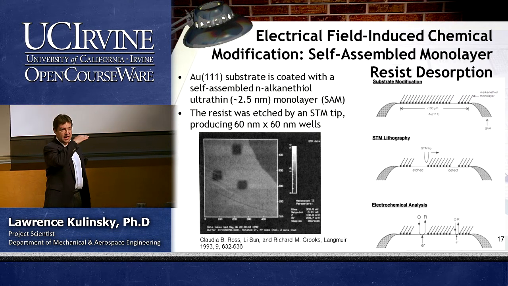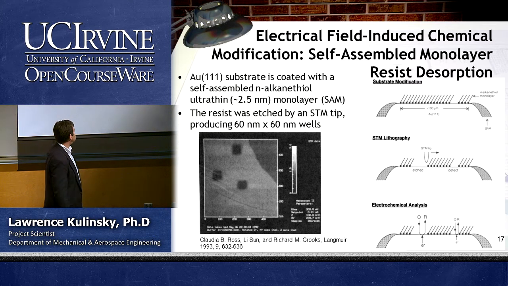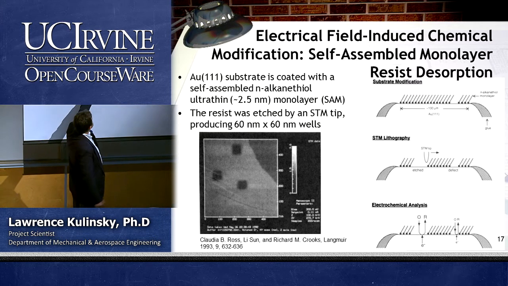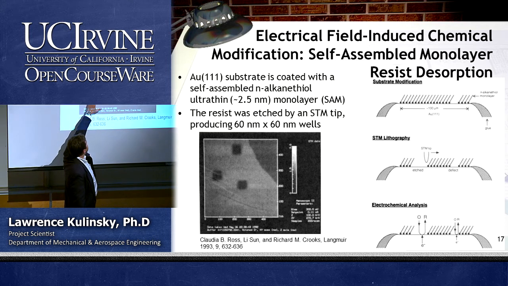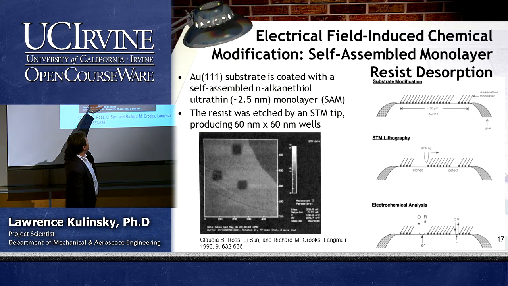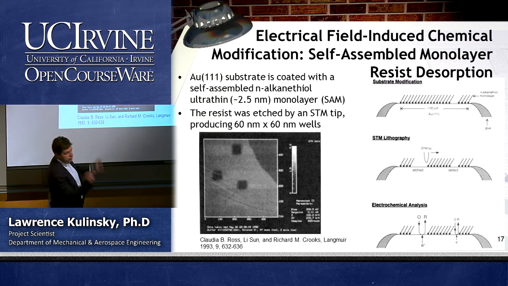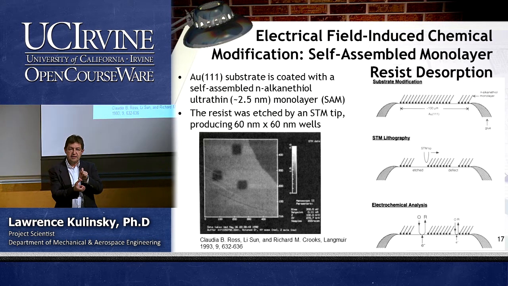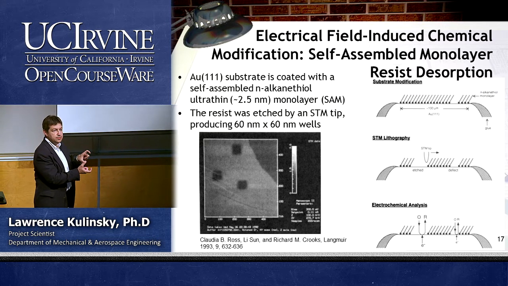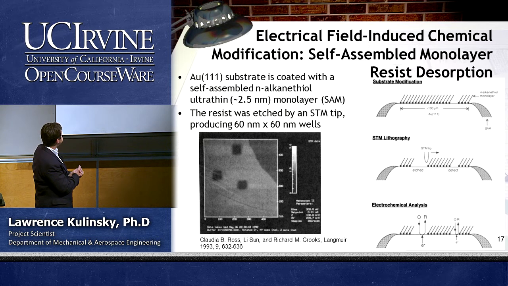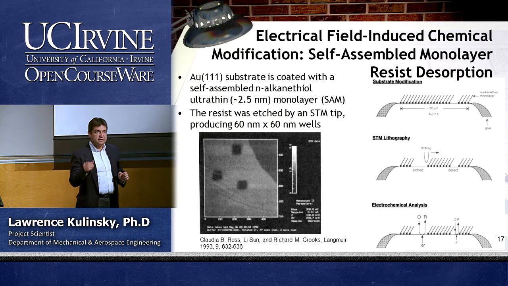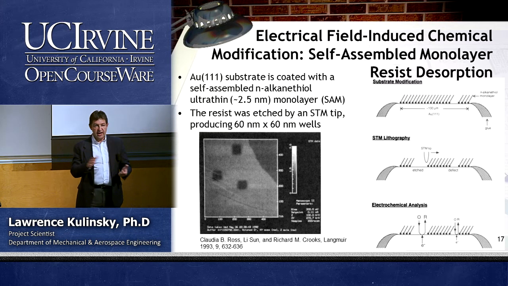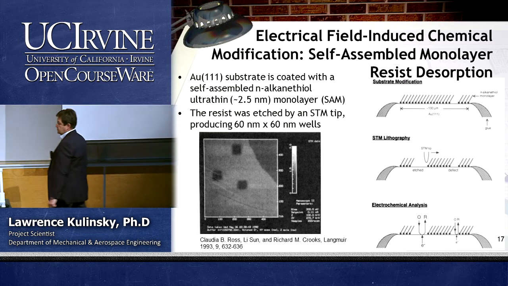You will have an isolated surface and then you open that surface. So here you can see the STM tool used to produce a 60 nanometers by 60 nanometers window in the picture on the left. We will return to the use of self-assembled monolayers as a resist in a little bit in today's lecture.